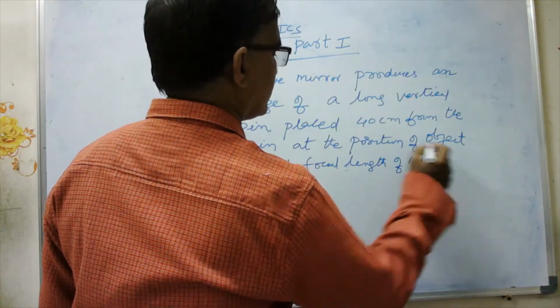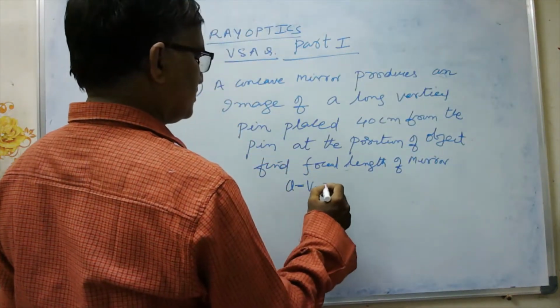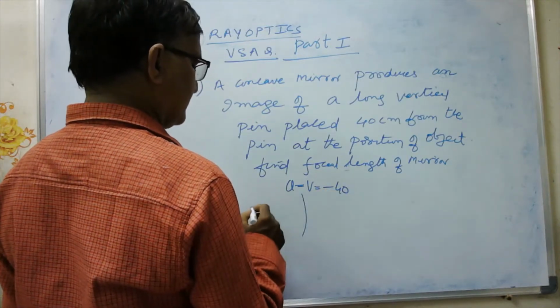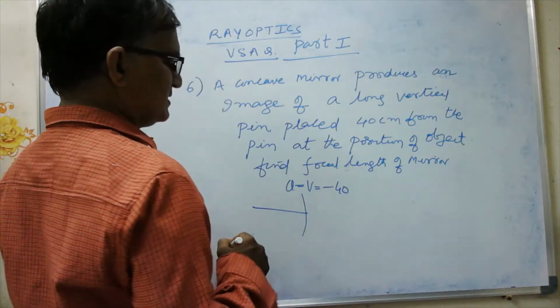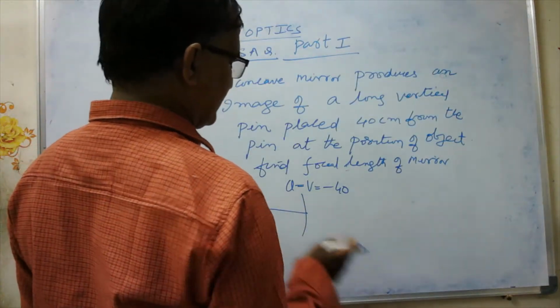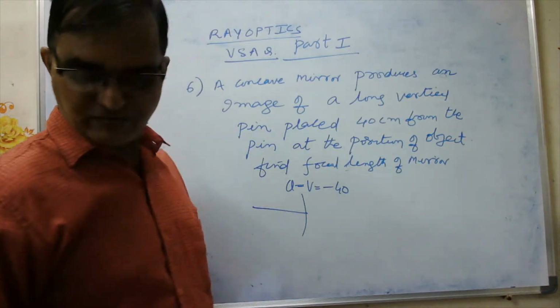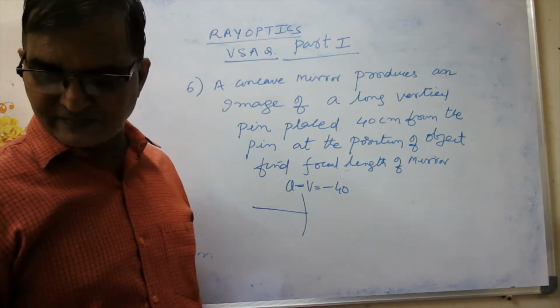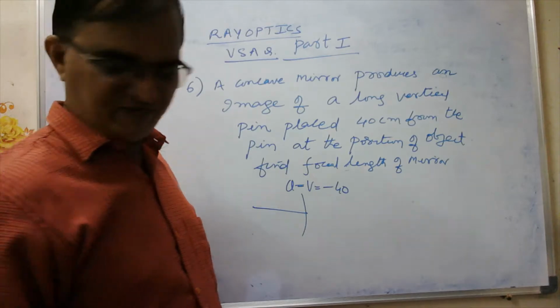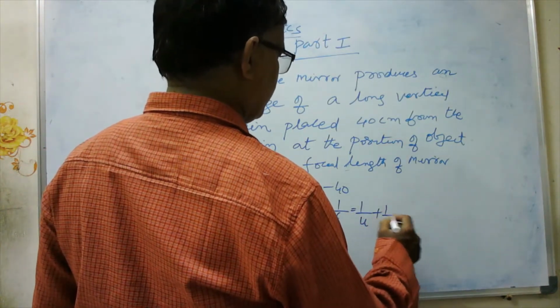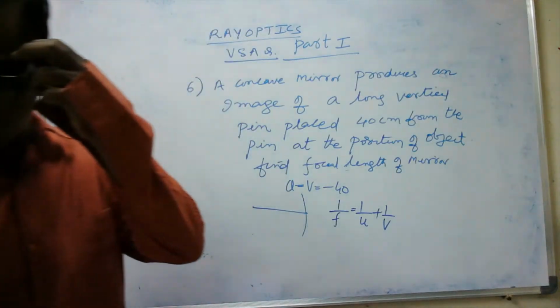Now in this case, u is equal to v is equal to minus 40 because both are on the same side. Both u and v are on the same side. To the left of the lens or mirror negative, right positive. All negative. So you have the formula 1 by f is equal to 1 by u plus 1 by v. Both negative, u and v negative we will take.